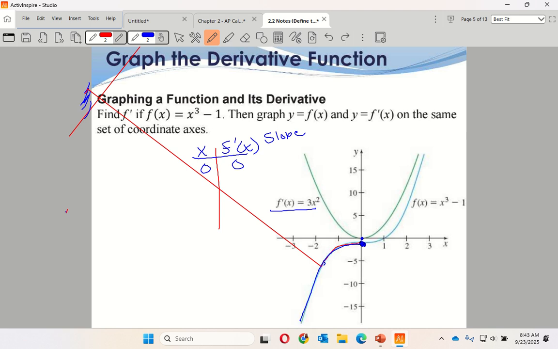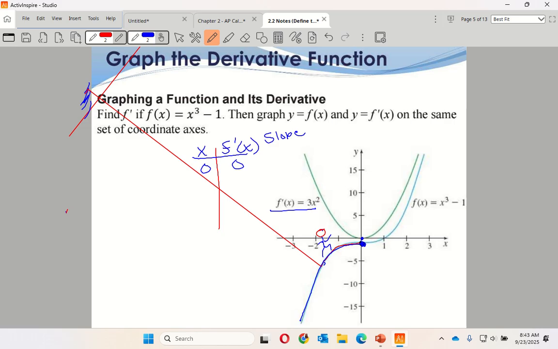Well, it's increasing, but the slope is decreasing as you get closer to 0. It's increasing at a decreasing rate. Like it's increasing, but it's increasing less and less.